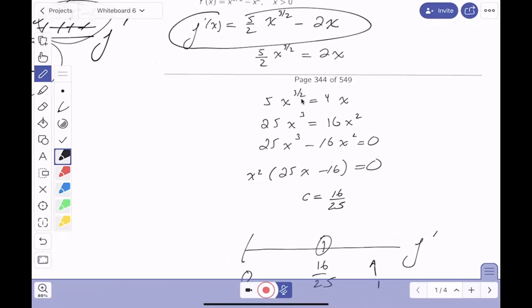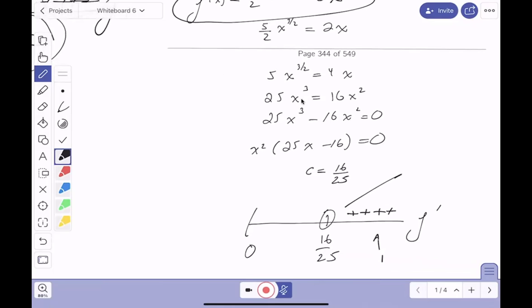I'm going to say 1. If you plug in 1, what would you get? You get 5 halves minus 2. Well, 5 halves is 2.5, right? And 2.5 minus 2 is a positive number, right? What does that mean? Increasing.